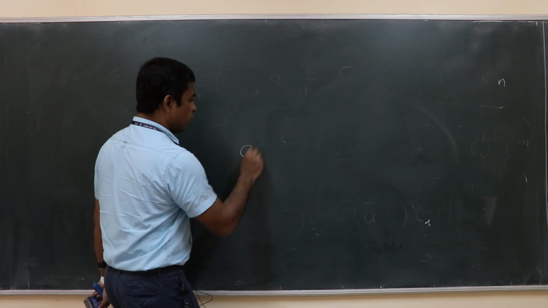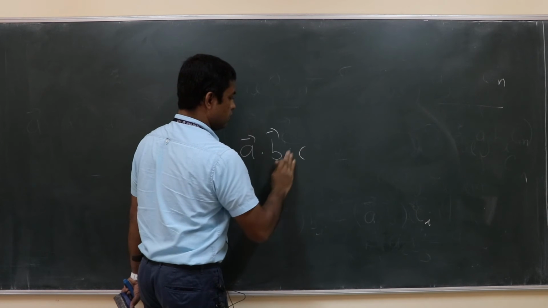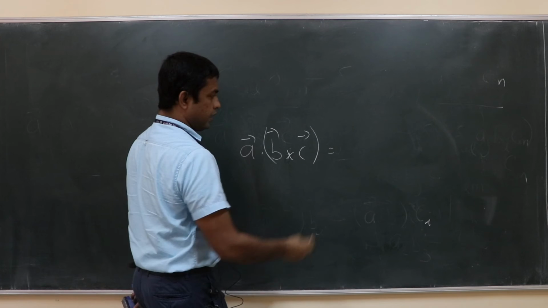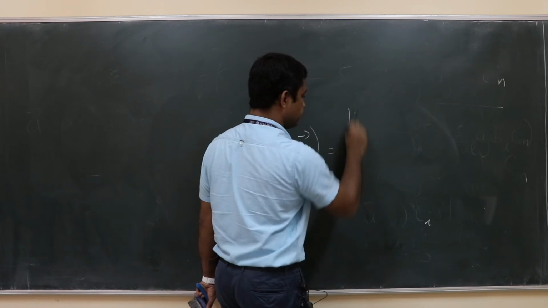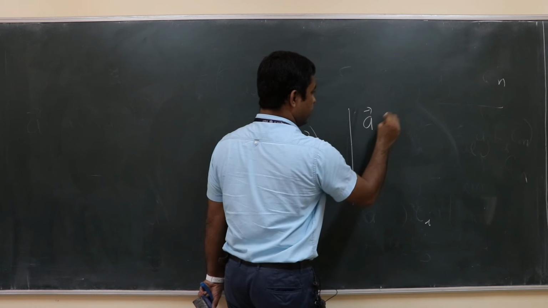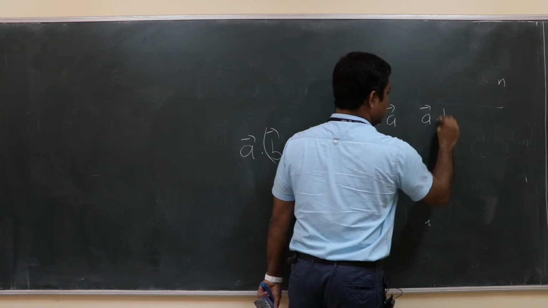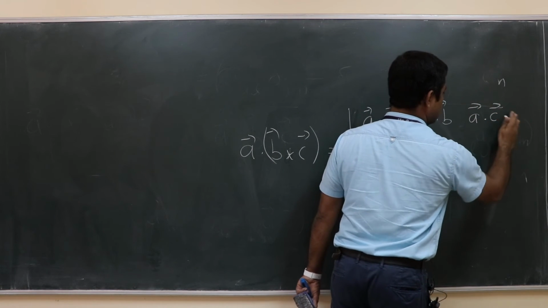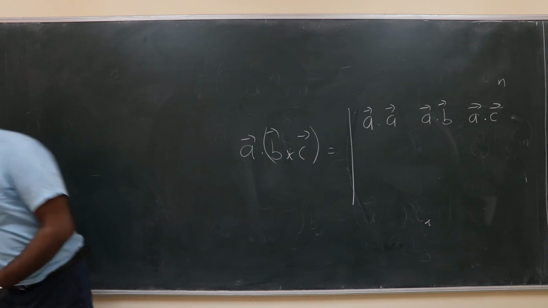So what is A dot B cross C? I can write it as the determinant of A dot A, A dot B, A dot C. What will be the next row?